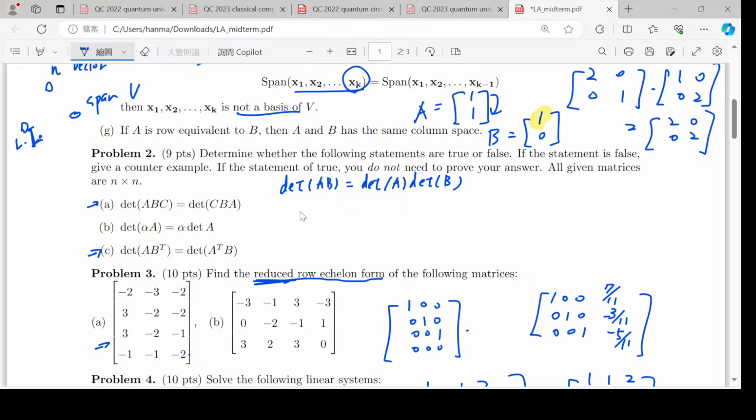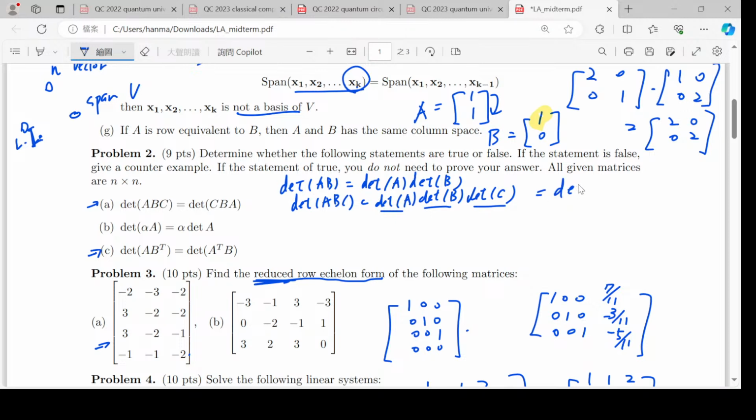Because of this, det(ABC) equals det(A) det(B) det(C). Now we have 3 scalars multiplying each other, so ordering doesn't matter.